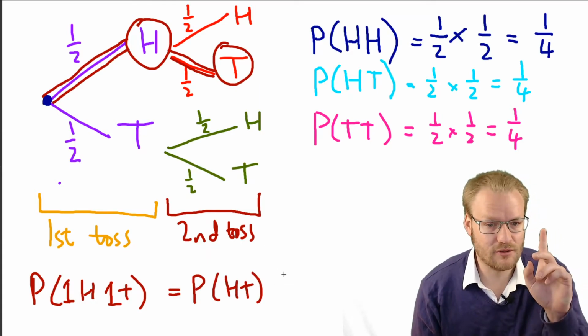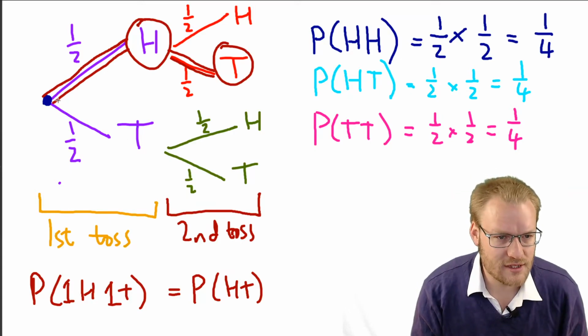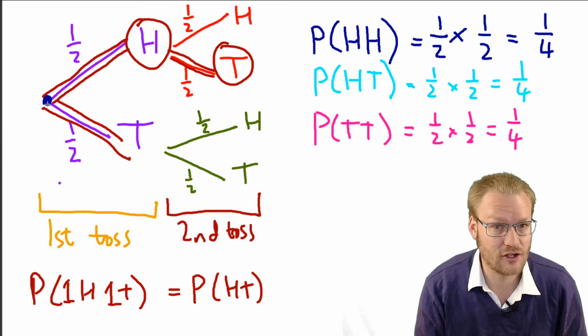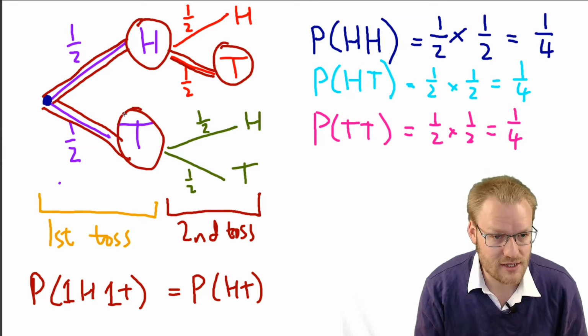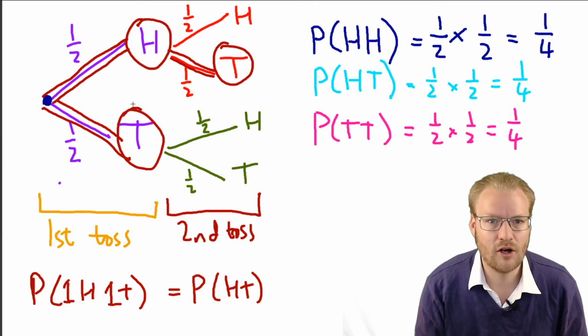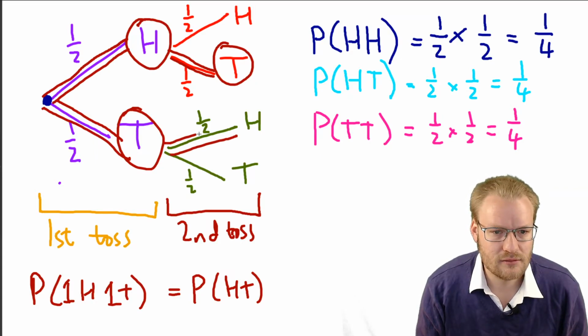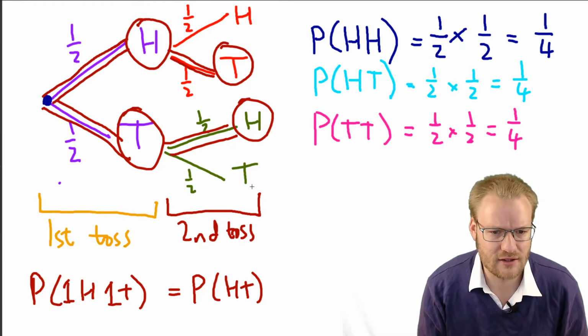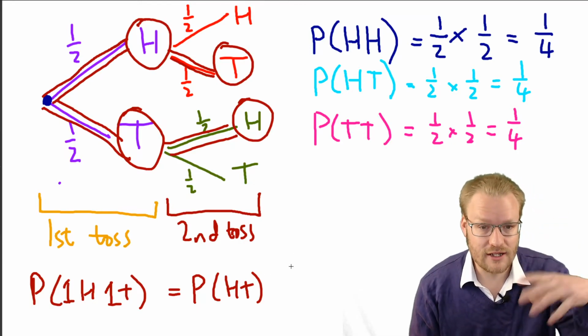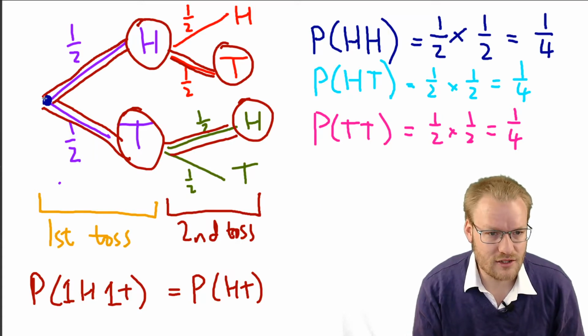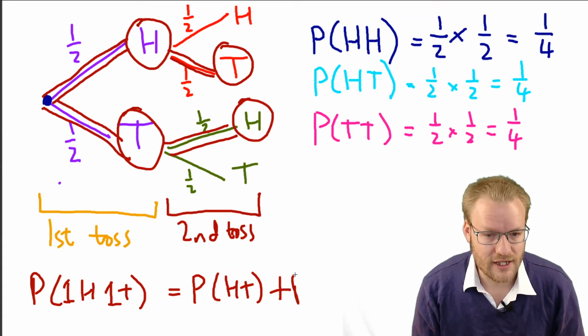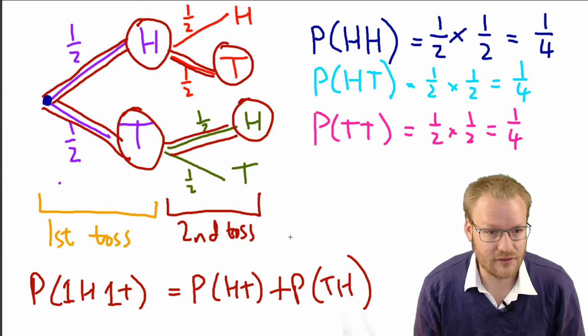But there's another option. What happens if we tossed a tail the first time? So remember, this is saying on the first toss, what happened? Well, if we tossed a tail on the first time, what must we toss on the second one? Well, we must have tossed a head, because then we've got one tail and one head. We can't get two tails. And we've seen, as we've built up, well, if we've got these two different options, we need to add them. So we can say the probability of getting a tail then a head.